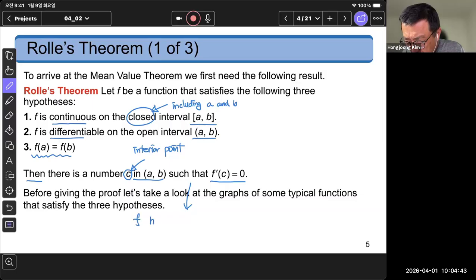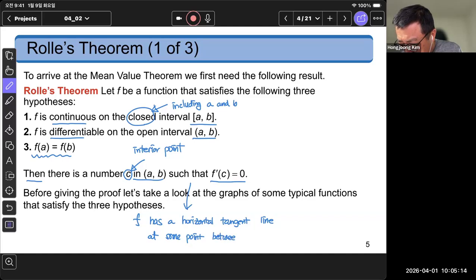That means f has a horizontal tangent line at some point between A and B. So we have some point in the middle of the interval where the tangent line becomes horizontal. That is the claim of Rolle's theorem.